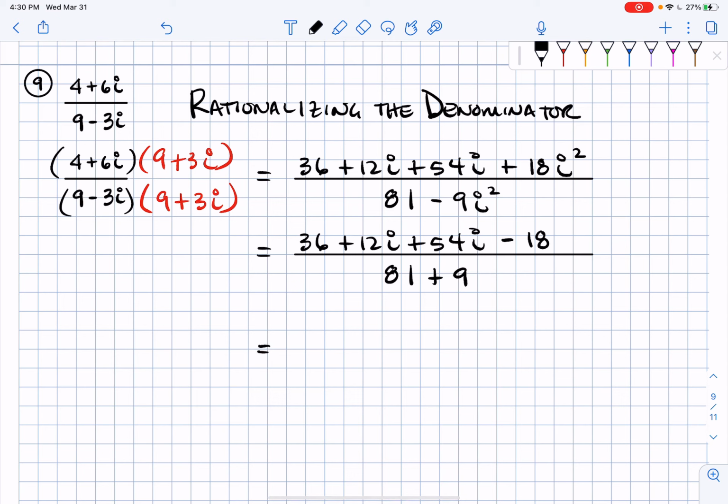So what I really have here is the top, which is 36 minus 18 to give me 18, plus a 66i all over 90.